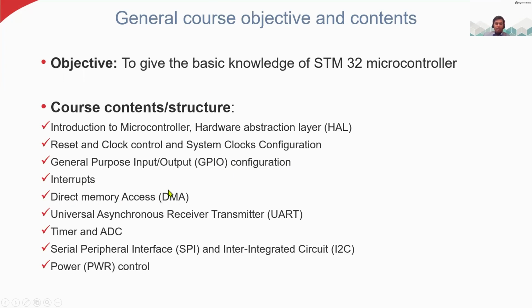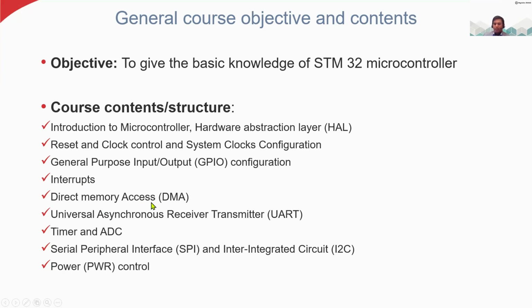And direct memory access, we will see. I will tell you why this is called direct memory access. Last semester, if you took the course communication networks, you might have some idea about how memory works. So this is called direct memory access.